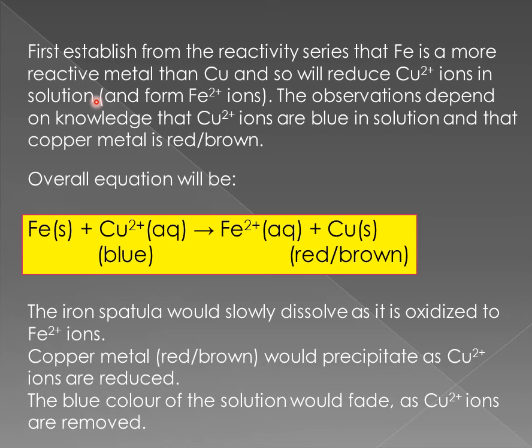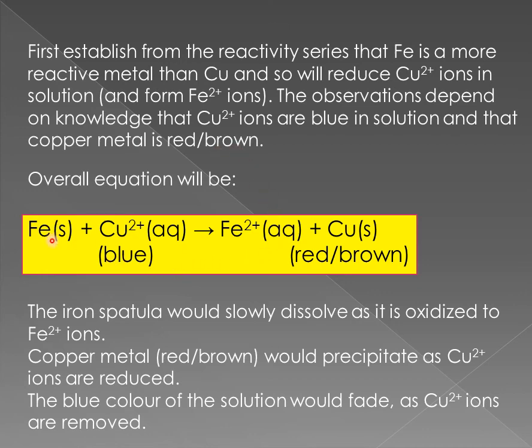We know a more reactive metal has a higher power to reduce the other, less reactive metal. So iron will be oxidized and form iron ions. And the observations depend on knowledge that you need to know: copper ions are blue, or copper solution is blue, while copper metal is red brown.